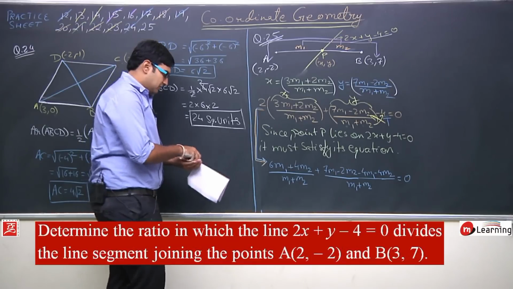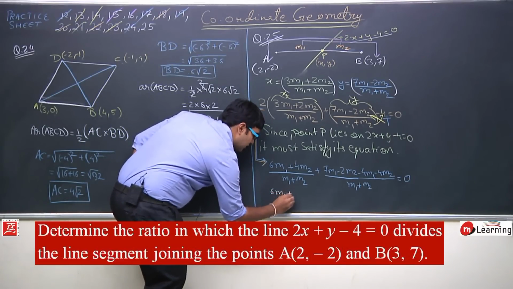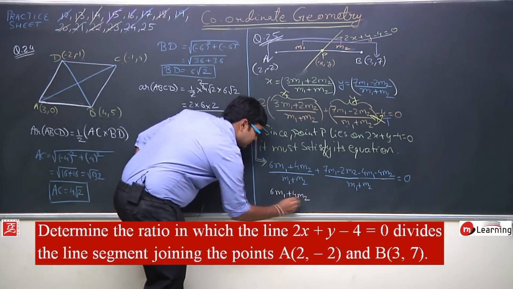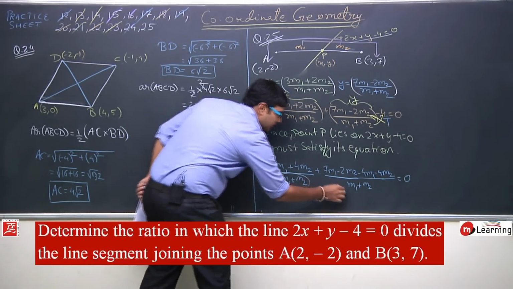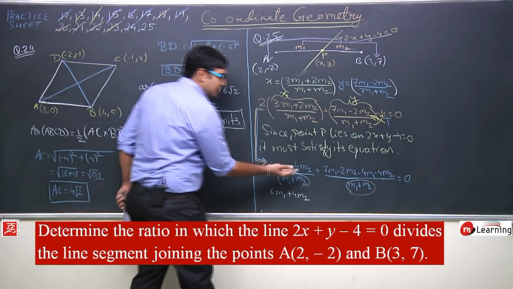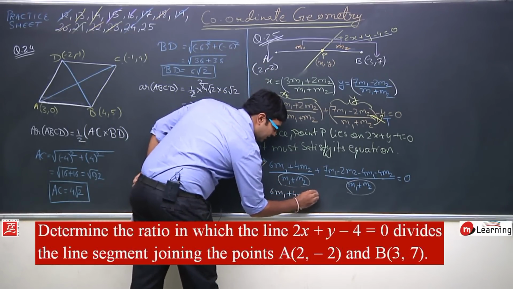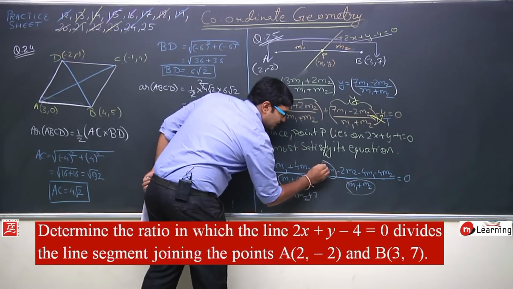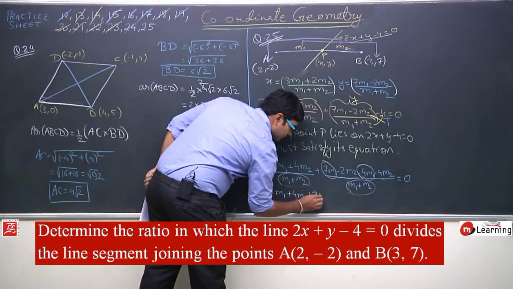Further simplifying it, 6m1 as it is plus 4m2 as it is. Now you can see m1 plus m2 is the same in both the denominators, so I can combine these two values. Plus 7m1 and minus 4m1 will give you plus 3m1.